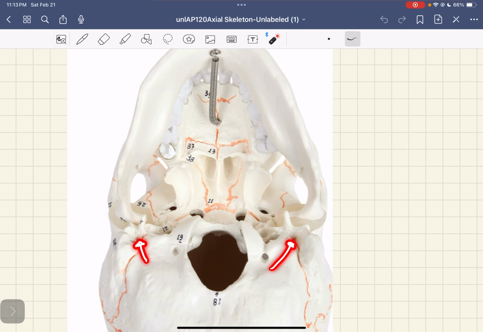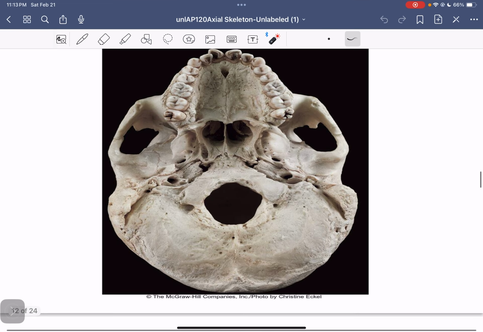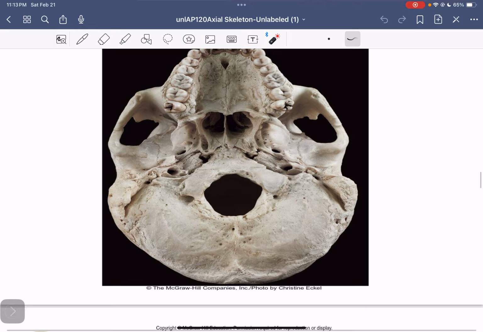That's stylomastoid foramen. The other thing is going to be your carotid canal, and this one's best seen from an inferior view. Oh, we do have that. So your carotid canal is going to be this one right here, and also this one. The way that you figure that out is it's always going to be slightly lateral to your styloid process.